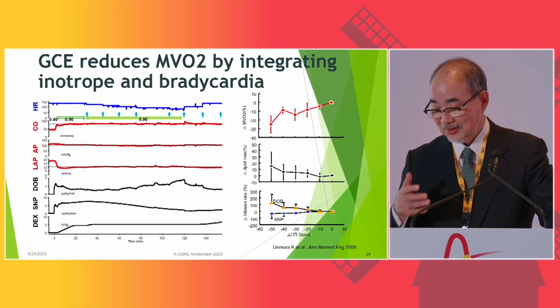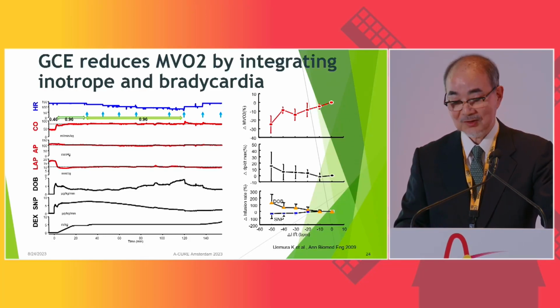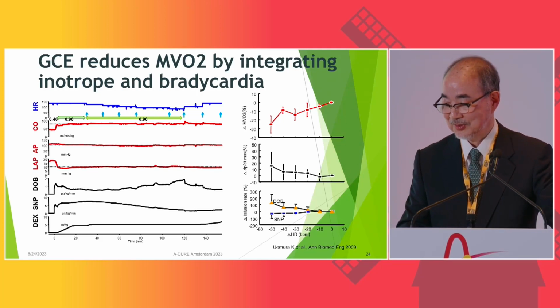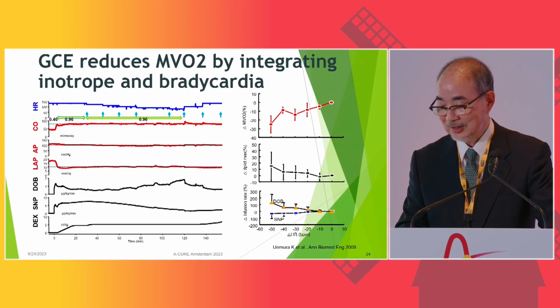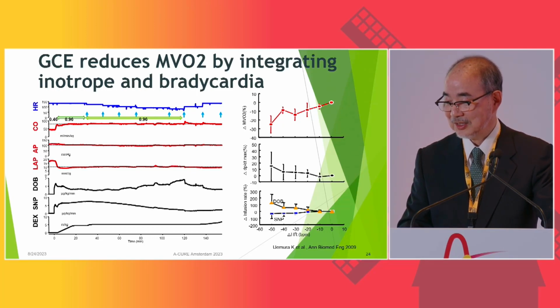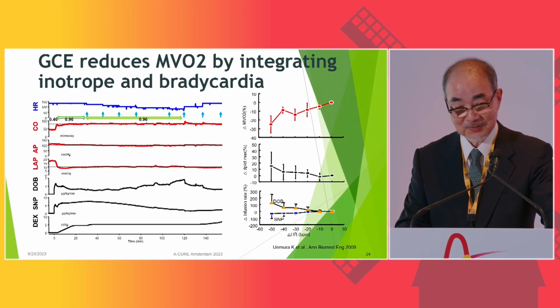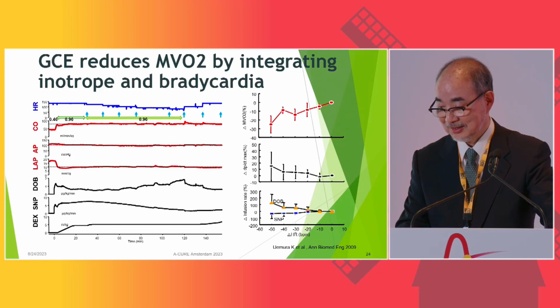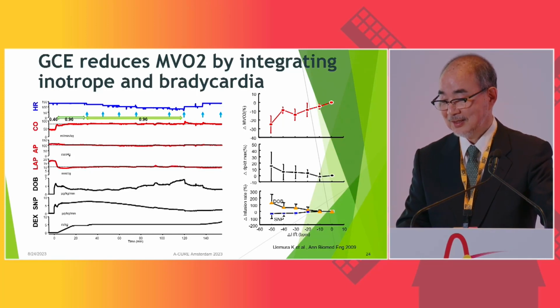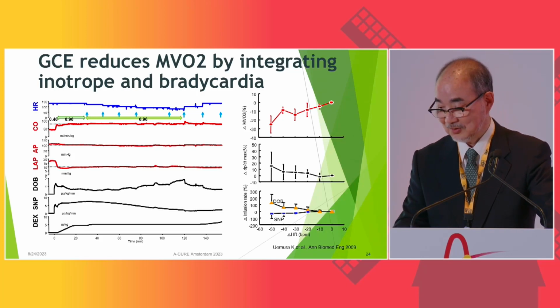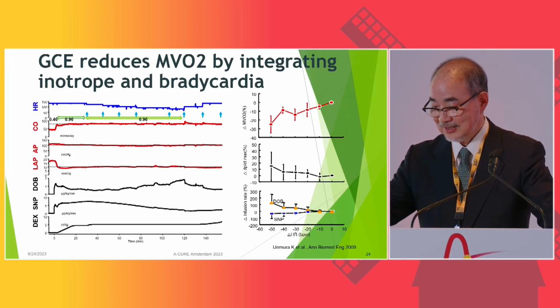Then we are now imposing an even more difficult condition, that is the optimization, or maybe minimization, of oxygen consumption. This digital twin reduces oxygen consumption by giving inotrope and bradycardia without changing cardiac output, arterial pressure, or left atrial pressure. Those red lines show the steady state.